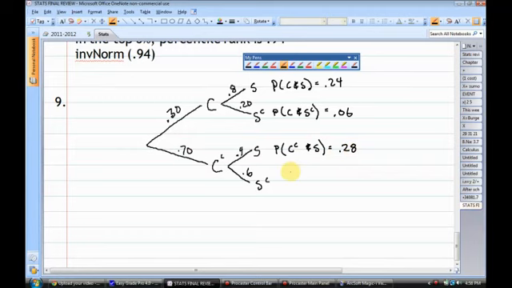So 28% of the student body did not take calculus, but also took science. And then over here, the probability of did not take science and did not take calculus, 0.42. Wow, that's a lot of people.